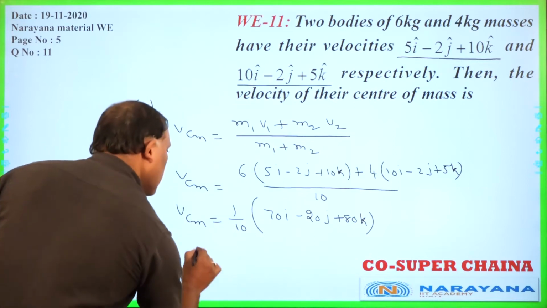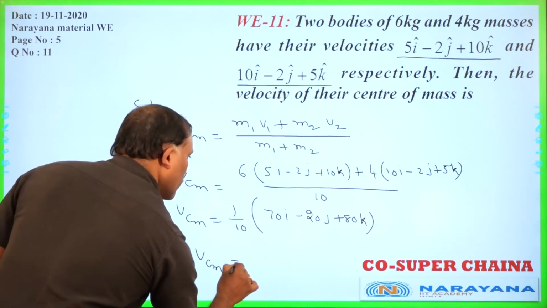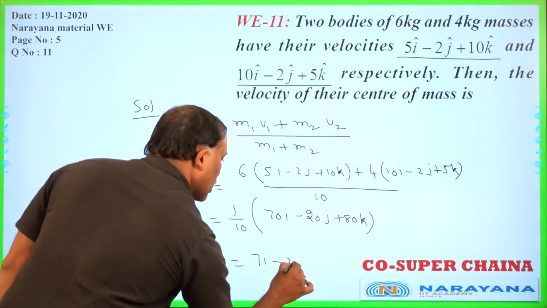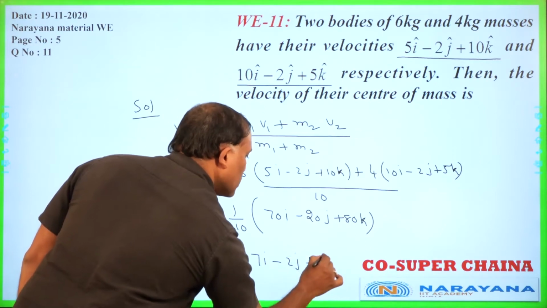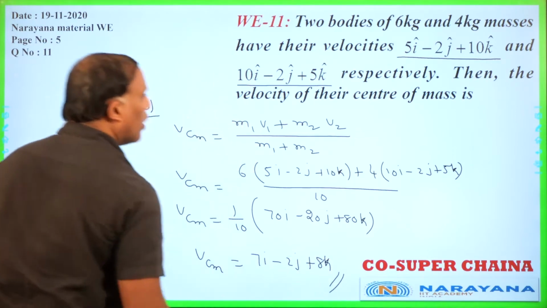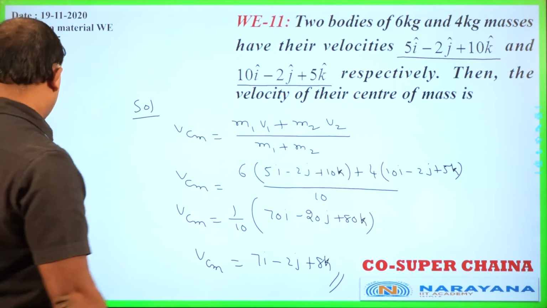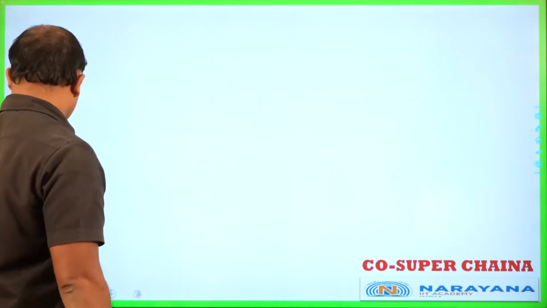Then by cancelling the 10, velocity of center of mass is 7i minus 2j plus 8k. So this is the answer for that question. Next question.